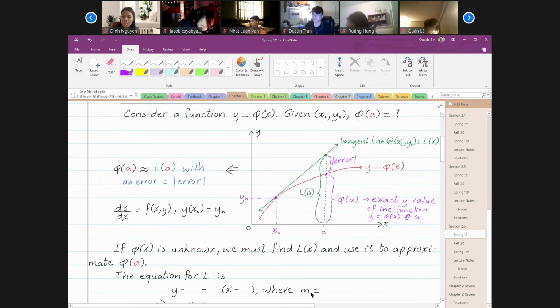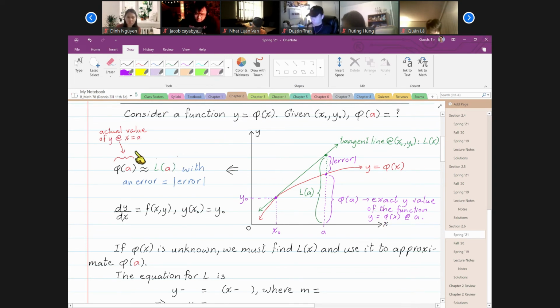So again, this is the actual value of the function of y at x equals a. Okay.